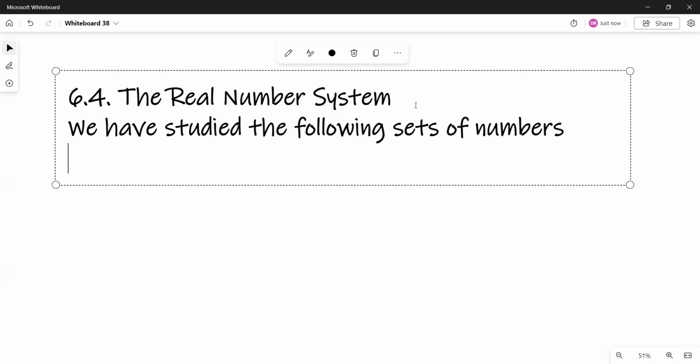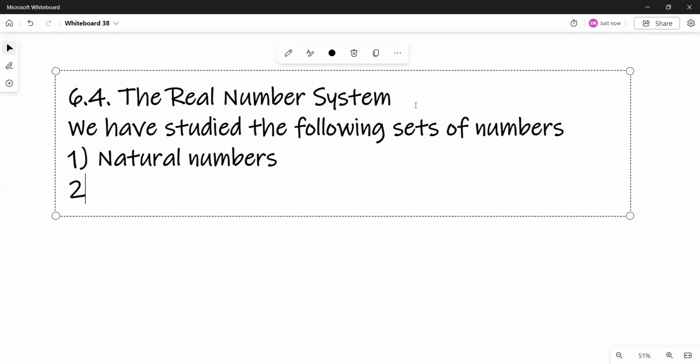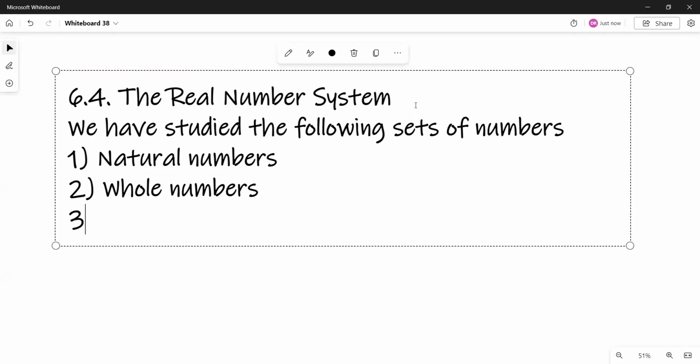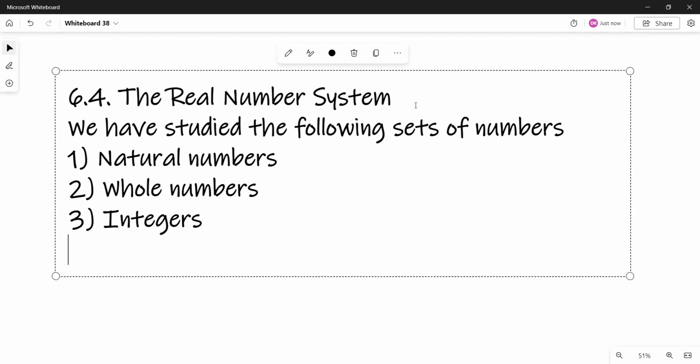We have done the natural numbers, which are the same as the counting numbers. We have mentioned the whole numbers. We did the integers. The last section was on the rational numbers.